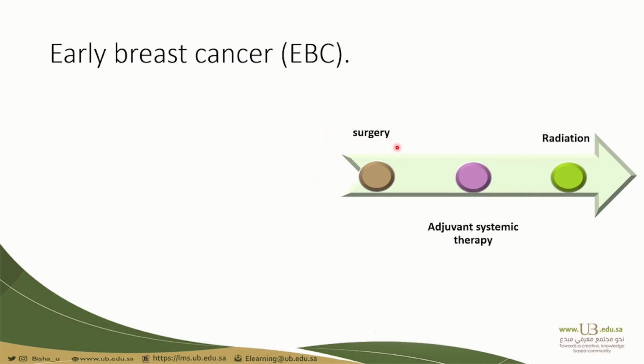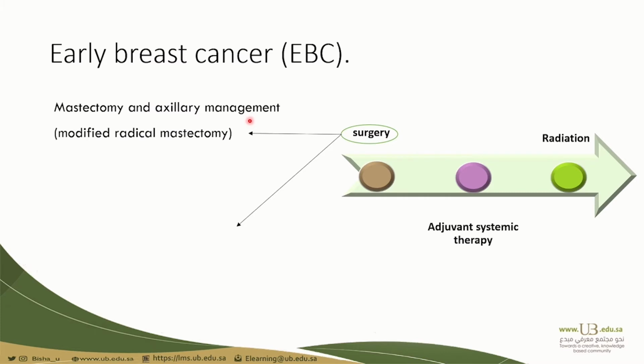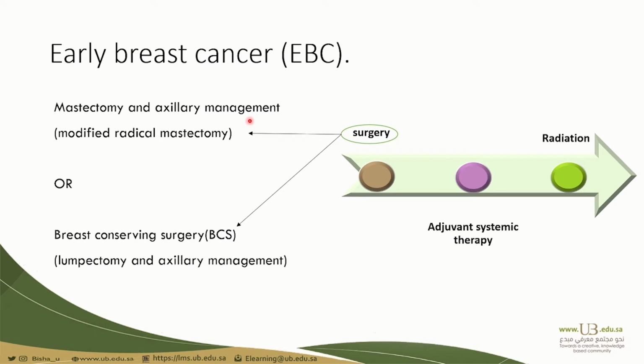First, we'll discuss the types of surgeries. Either mastectomy and axillary management. If it includes axillary lymph node dissection, then we call the procedure modified radical mastectomy. Or the patient can go for breast conserving surgery, and we will go through the indications and contraindications, which means lumpectomy and axillary management.